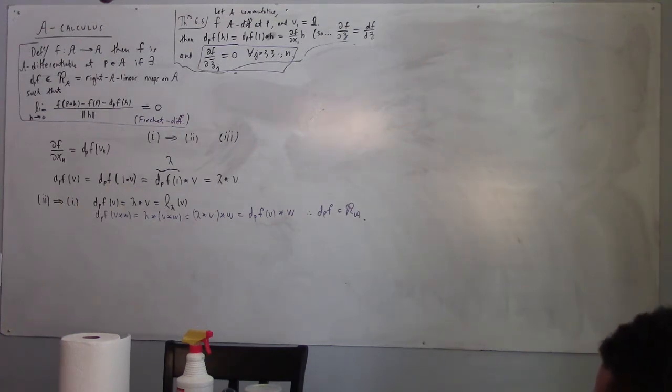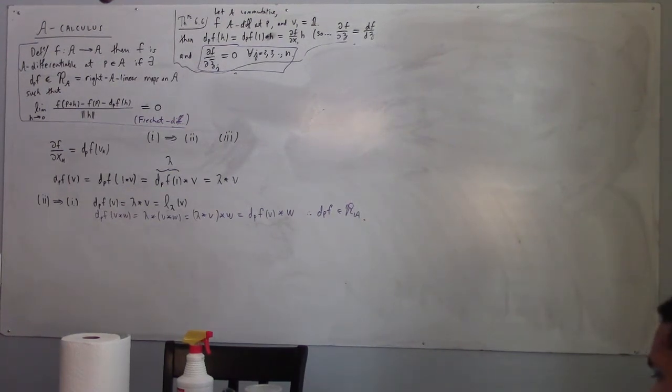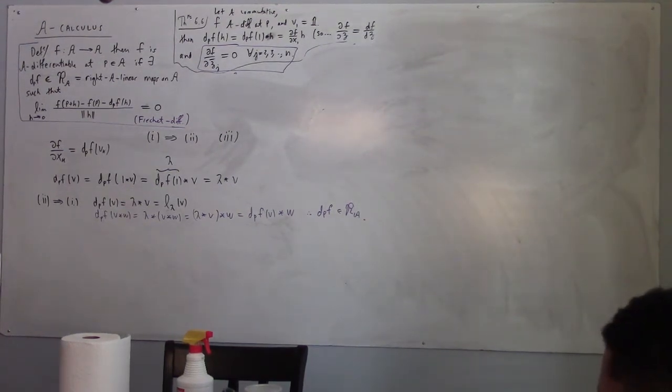So 3 is: for any basis beta of A, the matrix of the differential at the point p of f with respect to the basis beta is in M_A beta. I was saying that the number lambda, which appears in this theorem, is known as the derivative of f at p.